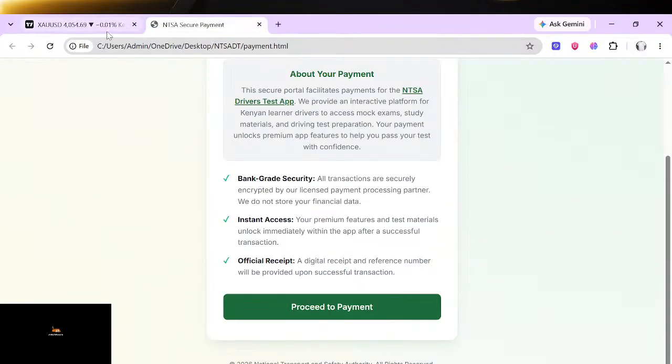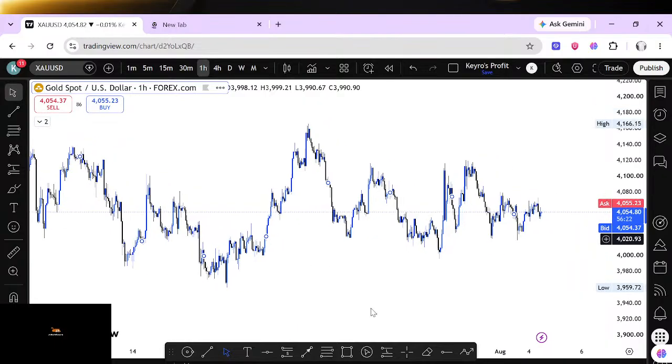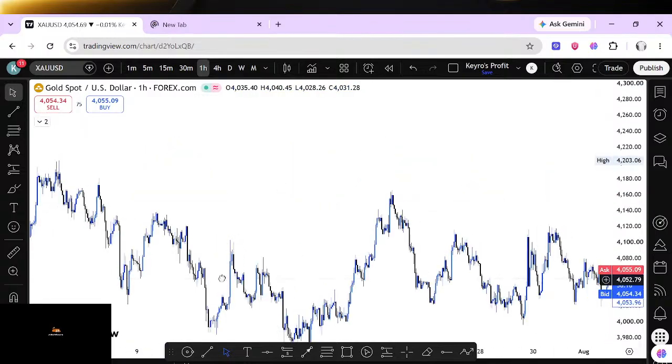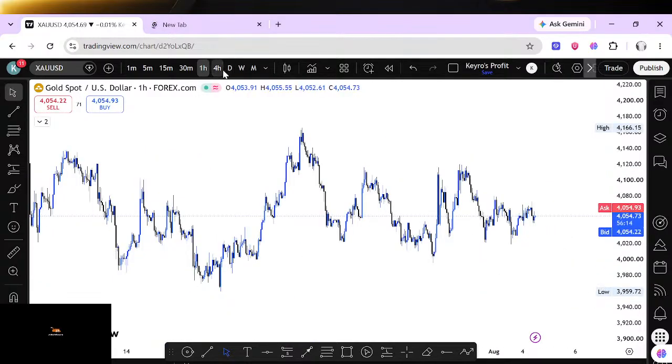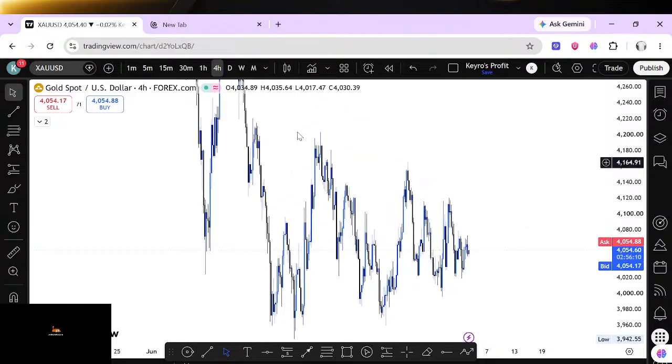All right. So let's get rid of that. Nice. So this is a plain chart for XAUUSD, majorly known as gold, against the US dollar. And we are going to analyze this market and see what you can get from it.